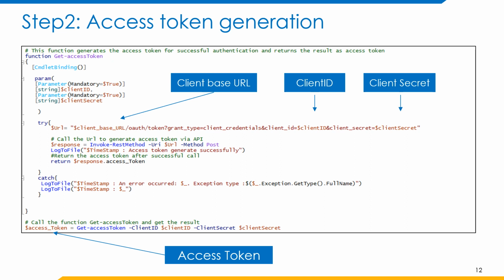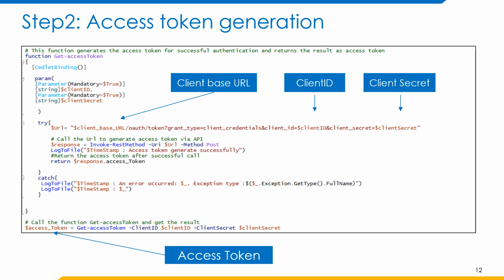After reading the data from the property file, the second step is to generate the access token. As part of this, the get access token function will execute to generate the access token, also called bearer token. To get the access token, we use the authentication API. For that, we require client ID, client secret and the client base URL.